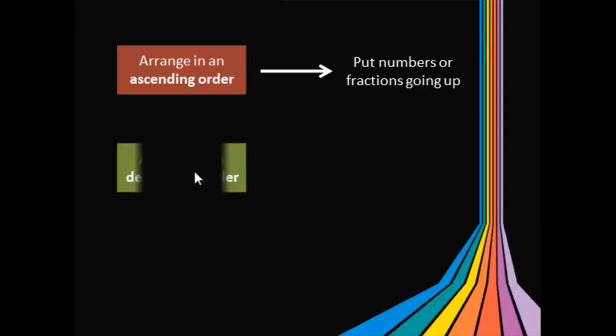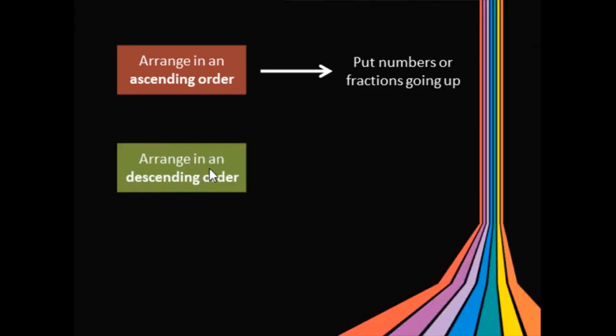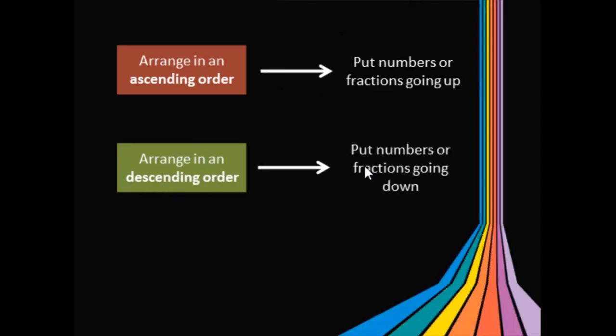But when we say arrange in a descending order, we put the numbers or the fractions going down. Ascending is lowest to highest. Descending is highest to lowest.